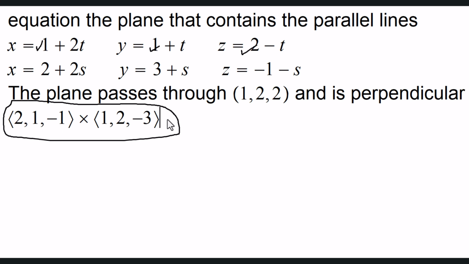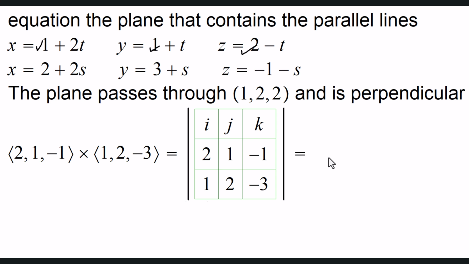So let's calculate this cross product to get the components of the perpendicular vector. We'll go ahead and get our determinant, that is, here you have negative 3 and then minus 2 times negative 1, that will give us negative 1 times i.